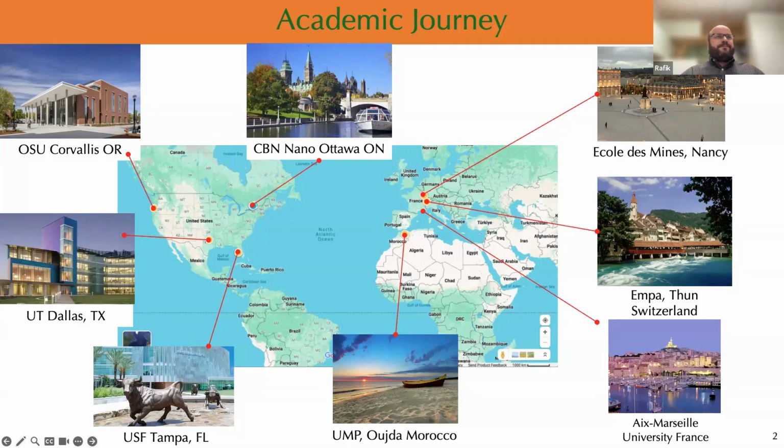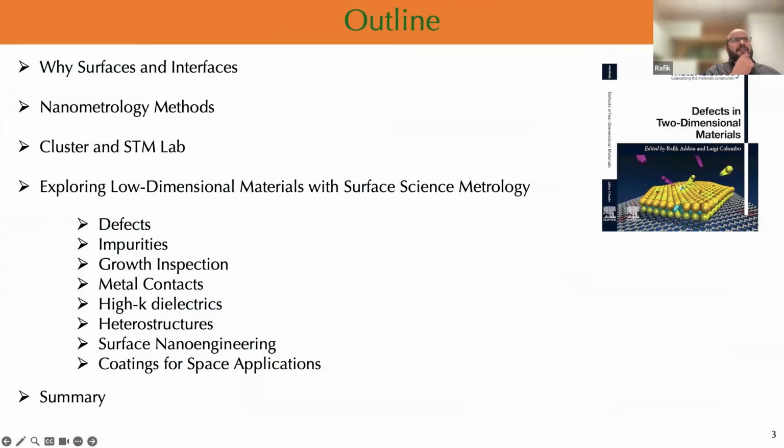So today I will present why surfaces and interfaces are interesting, why we study them in general, and also what kind of techniques we use to study and explore surfaces and interfaces. Then I will present my labs, because I have two: I call one the cluster lab, and the other the XPS STM lab.